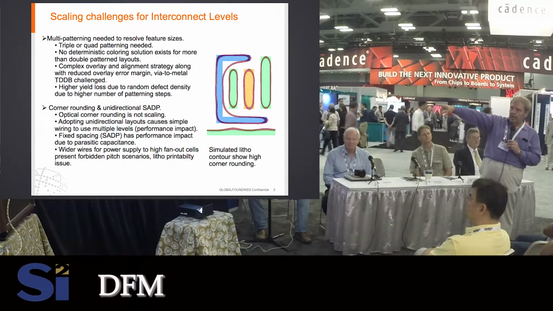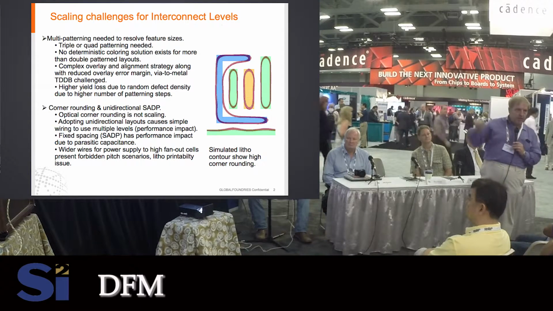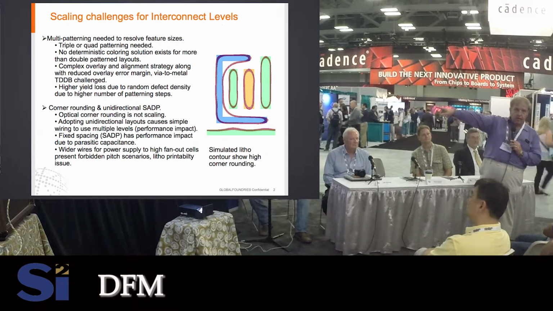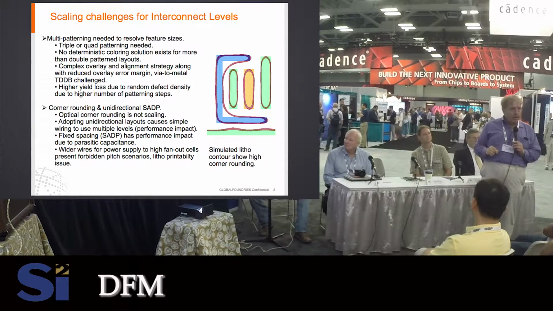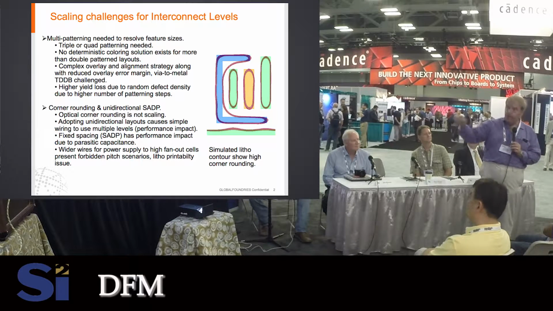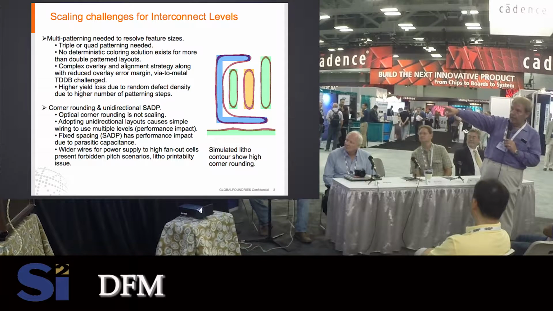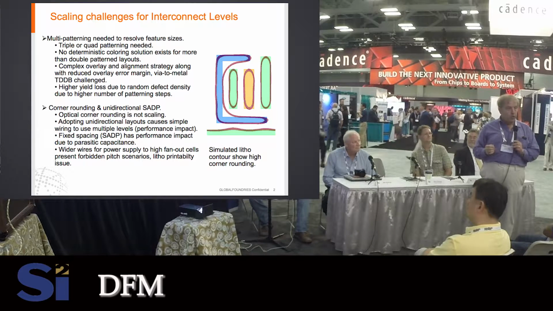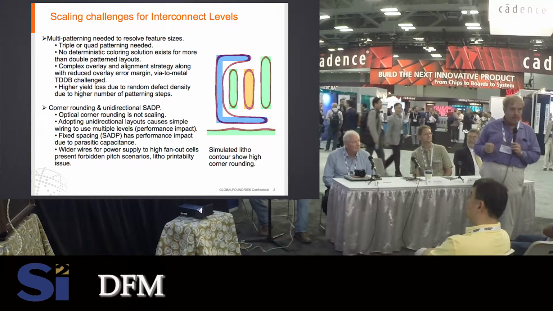For those of you that have done standard cell layout, especially fixed poly pitch, this pattern over here on the right that's drawn is in every flip-flop you've ever done, or every latch you've ever done. The problem with it is that, especially the curves on the side, those curves don't shrink with technology.